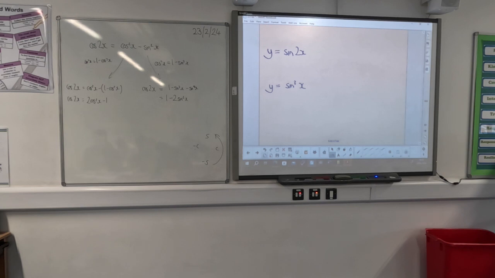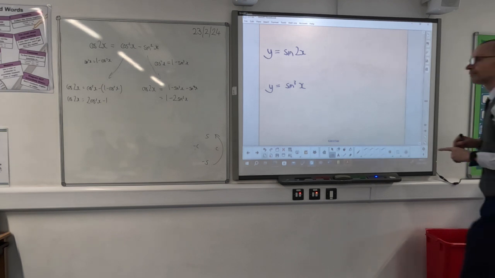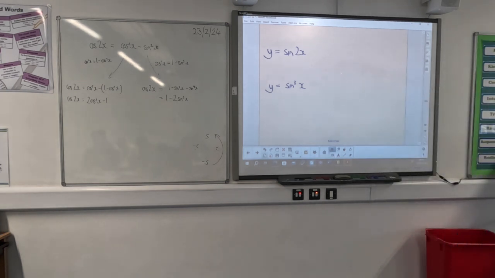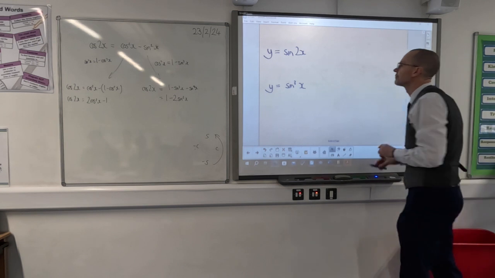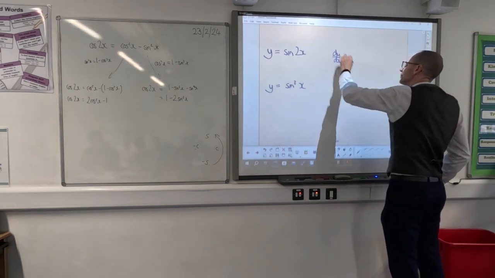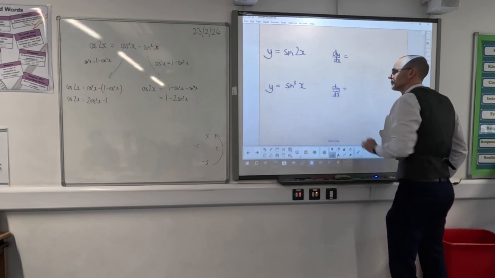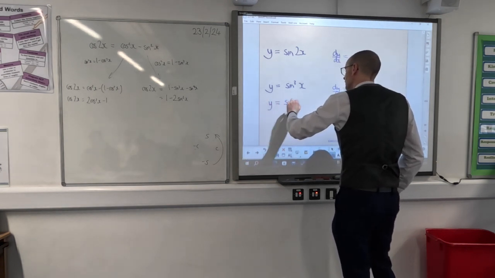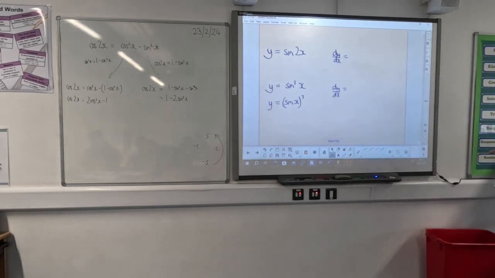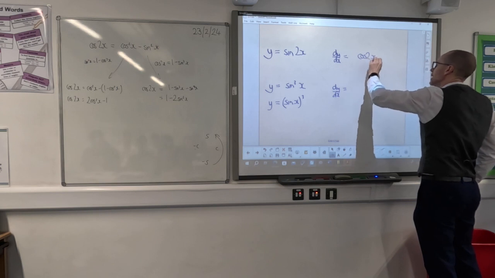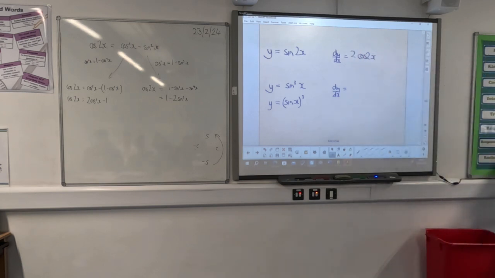So remember, when you come to your circle, you're going clockwise again. So sine 2x, sine becomes cos 2x, multiplied by what you get when you differentiate the bracket, which in this case is just 2x, so that becomes 2.